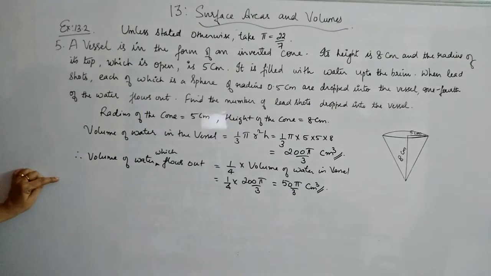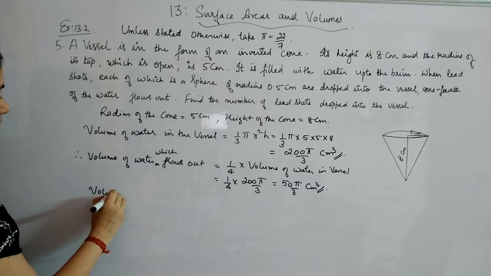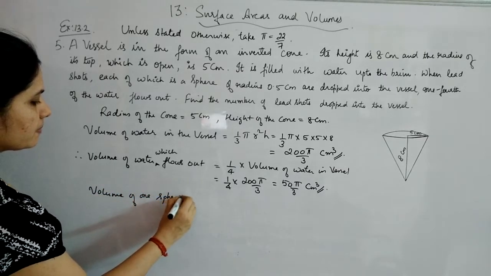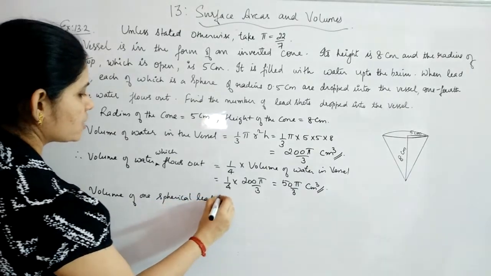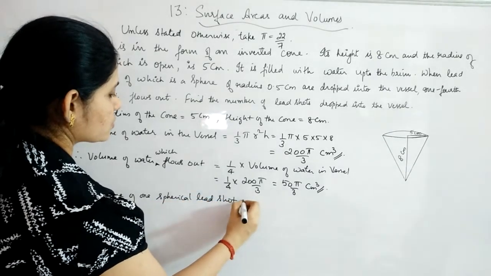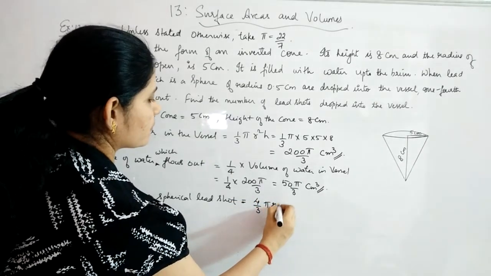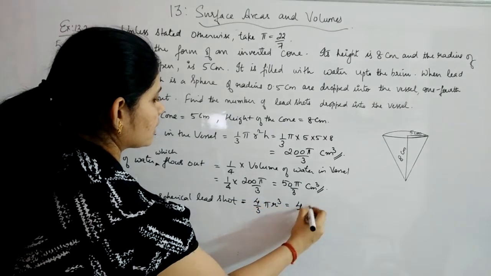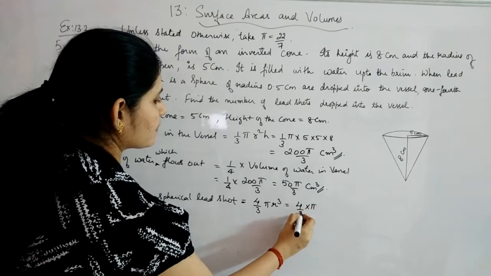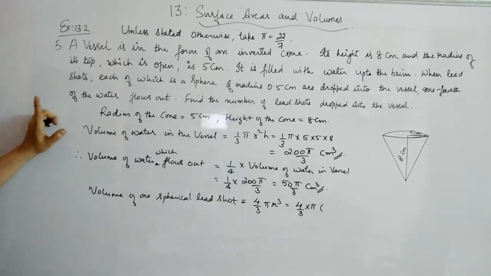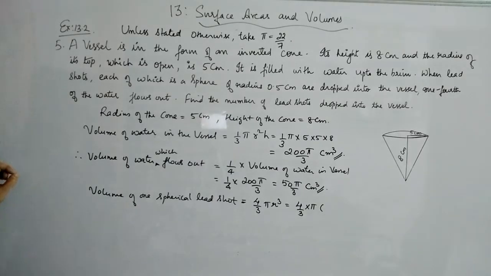Now we will find out what is the volume of one spherical lead shot. Volume of one spherical lead shot is equal to, what is the volume of the sphere? 4/3 pi r cube. Replacing the value, you will get 4/3 pi. R is, how much is given? The radius of the sphere is given to be 0.5.